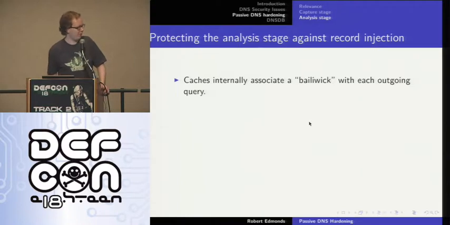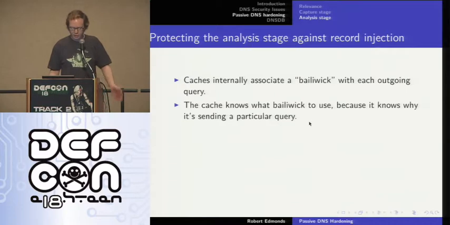Caches internally associate a bailiwick with each outgoing query, and bailiwick is sort of equivalent to the zone, but not really. It's a good enough approximation for this talk. Cache poisoning is pretty much identical between active DNS and passive DNS, and the solution is to keep track of which zone or bailiwick we expect the answer to be contained in, and discard any response records that aren't contained in that zone.